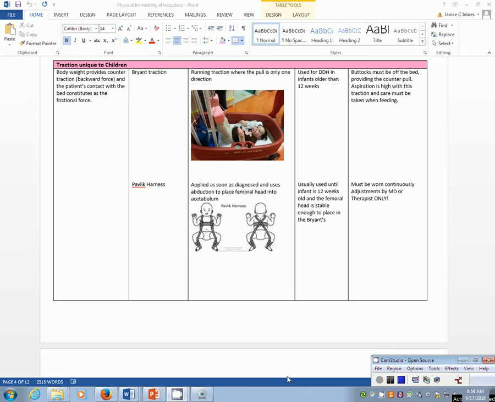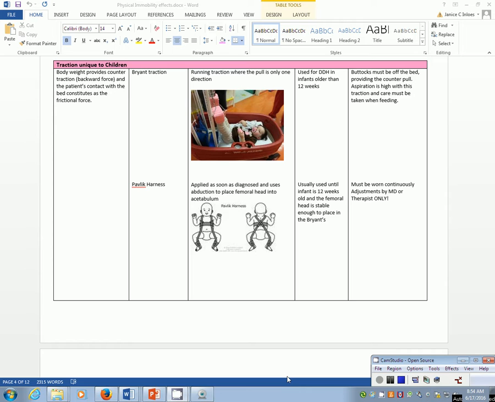This places them in abduction, puts their hip in abduction, and it holds them in there so that the femur is in the acetabulum. It uses motion and gravity to put that hip in an abducted, reduced position.